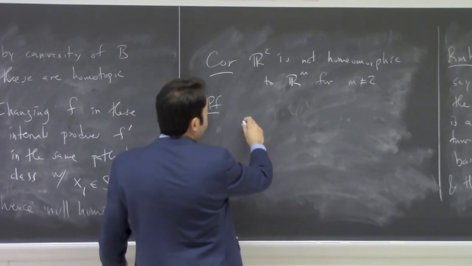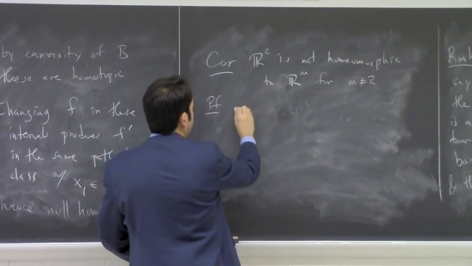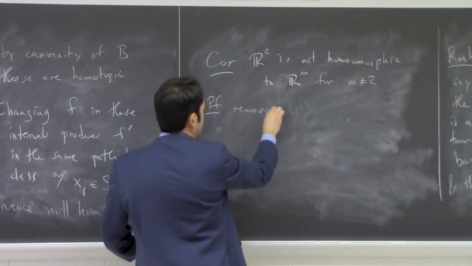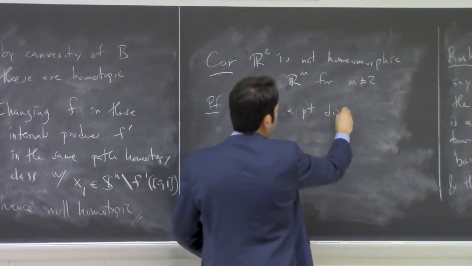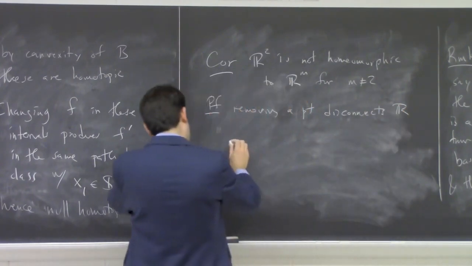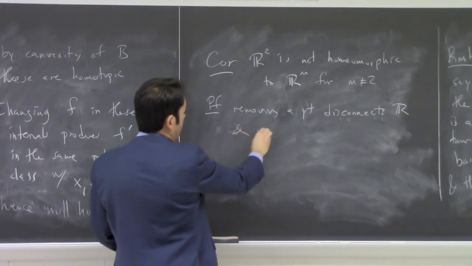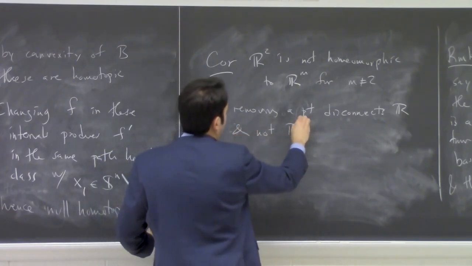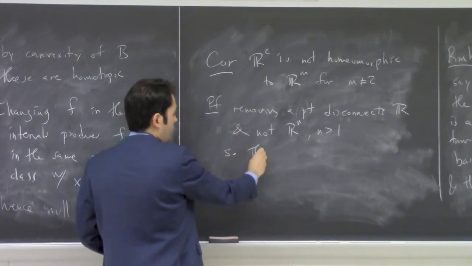So, proof. We'll just look at what happens if you remove a point. So removing a point disconnects R, and not Rn for n greater than 1. So those are not homeomorphic.